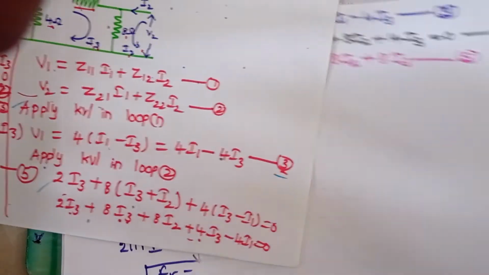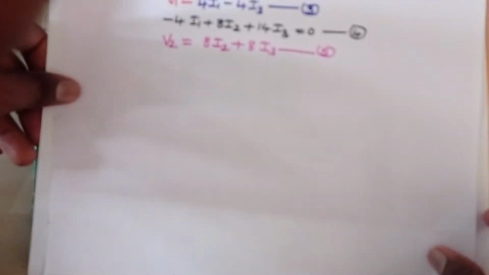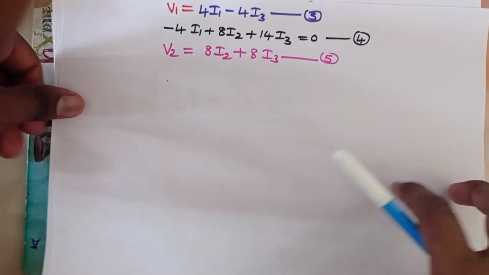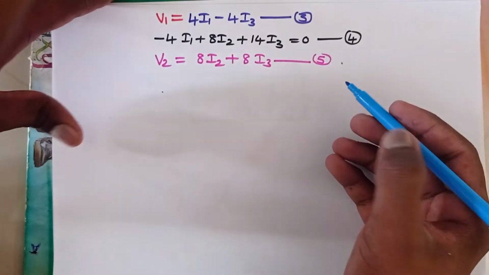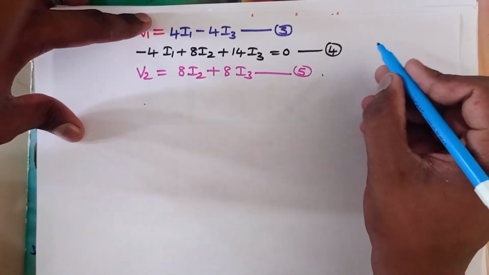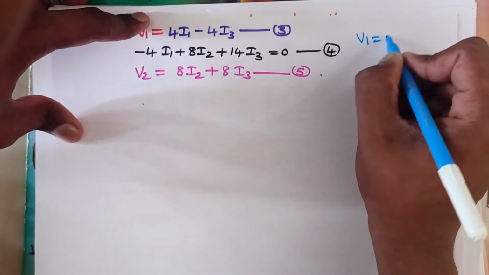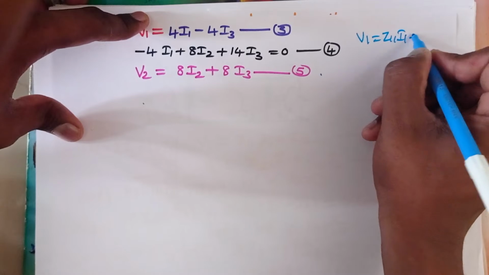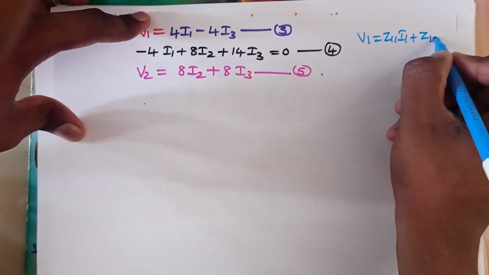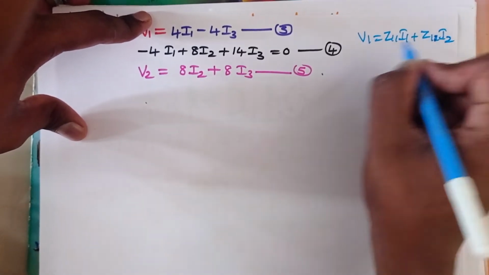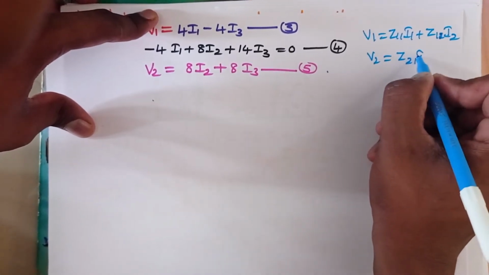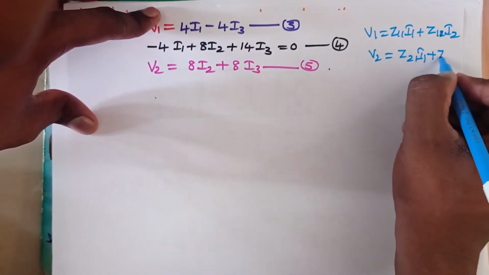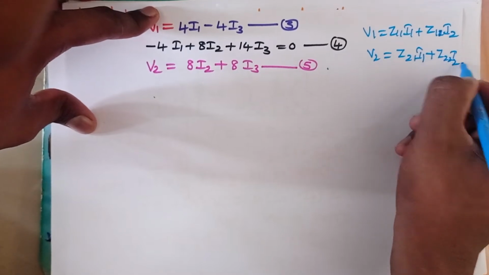Let's consider these 3 equations: the third equation, fourth equation, and fifth equation. We know according to Z parameters V1 equal to Z11 I1 plus Z12 I2 and V2 equal to Z21 I1 plus Z22 I2.